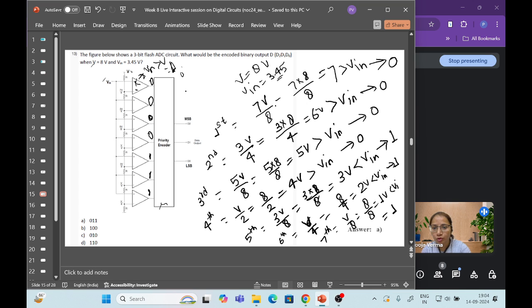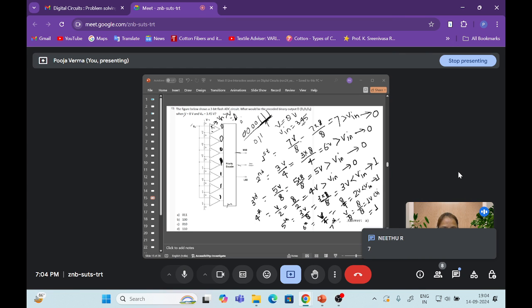The 3 inputs are high. So what will be the corresponding binary equivalent for those 3 inputs? That is 0, 1, 1. So what will be the corresponding output the priority encoder will produce? Have you understood how it is coming?